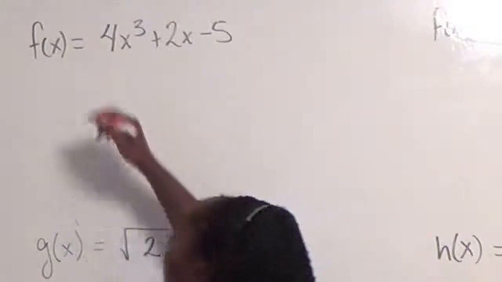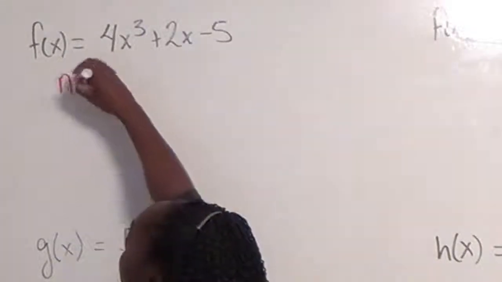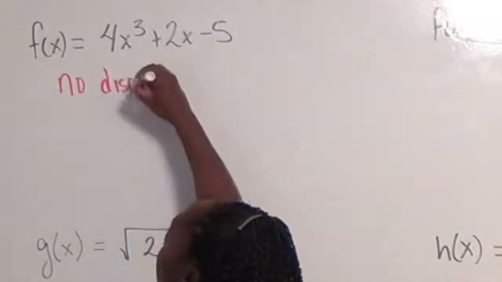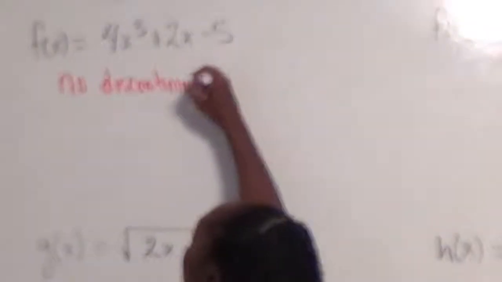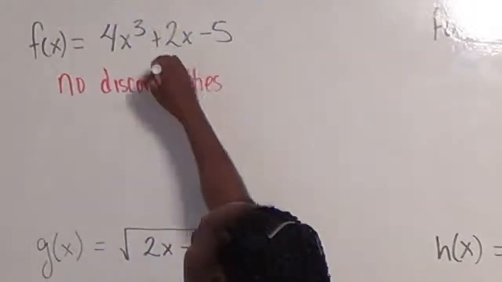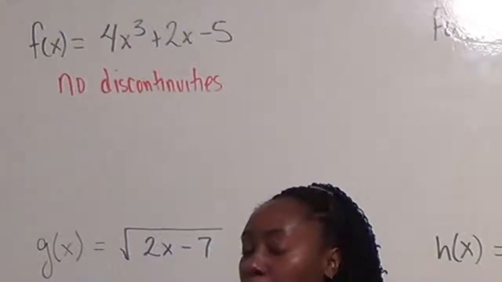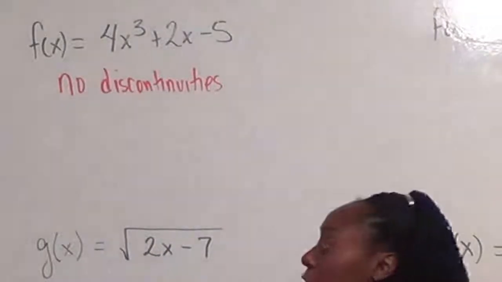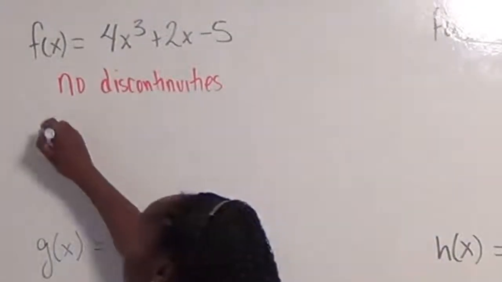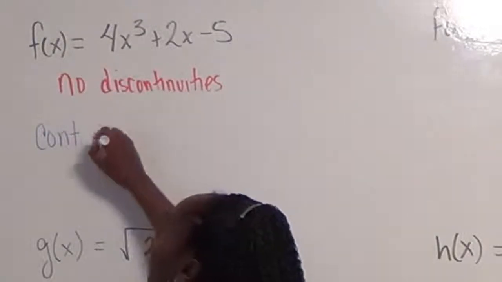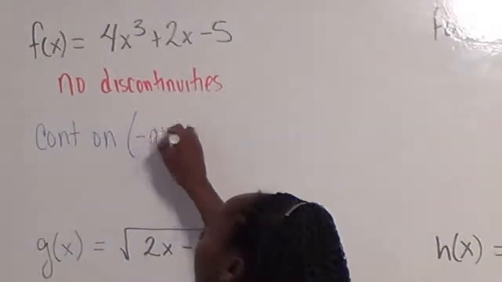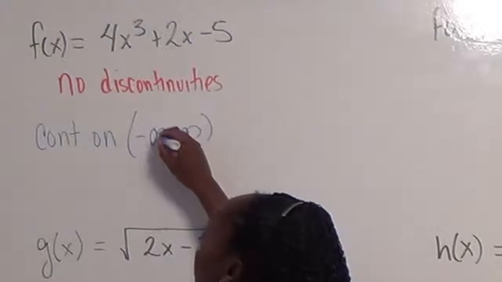So here we can say there are no discontinuities. And if we look for the interval where the function is continuous, we can say it is continuous on the interval from -infinity to infinity.